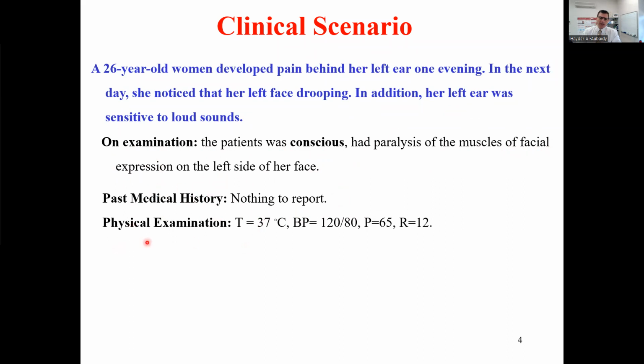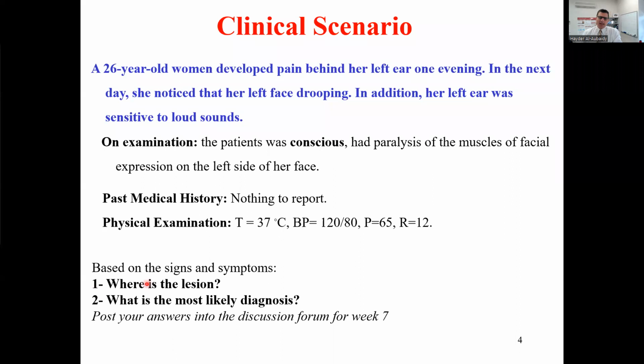Her physical examination is within normal limits: temperature normal, blood pressure 120/80, pulse 65, and respiratory rate 12, all within normal levels. So based on the signs and symptoms, where do we expect the lesion is, and what is the most likely diagnosis? At the end of this lecture, we should be able to interpret what's going on and identify the location of the lesion and the most likely diagnosis.